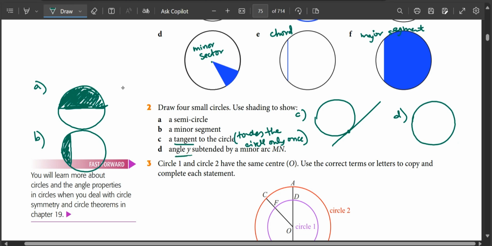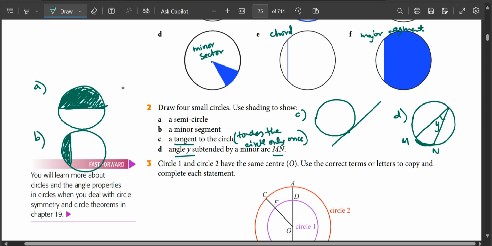Let's say this is M. This is the first chord, and then there is another chord which looks like this. So this is the minor arc. This is chord 1. This is chord 2. This is the angle Y that is subtended by a minor arc MN. Right? So this is how everything will look like.